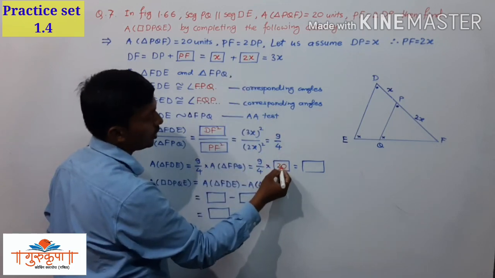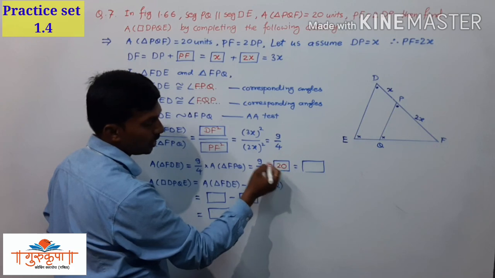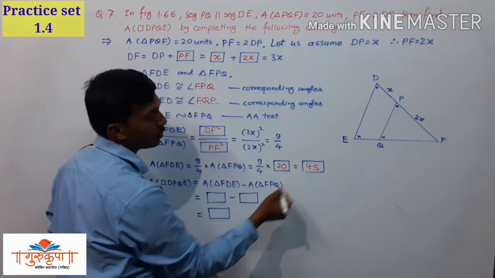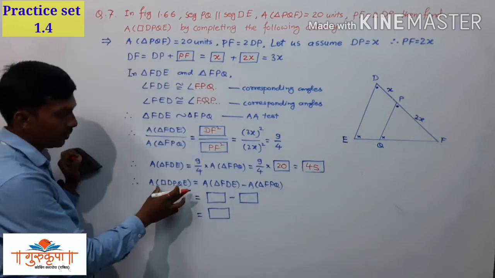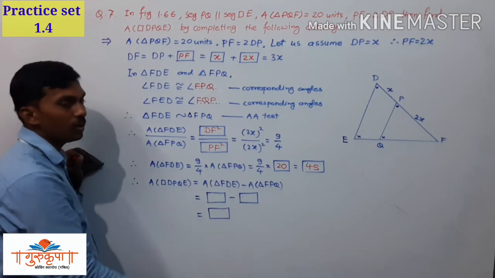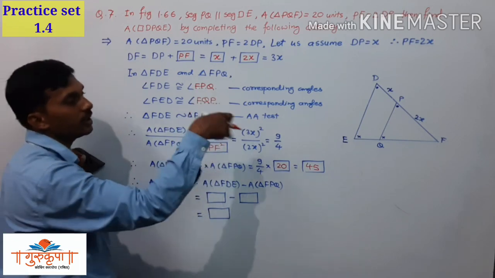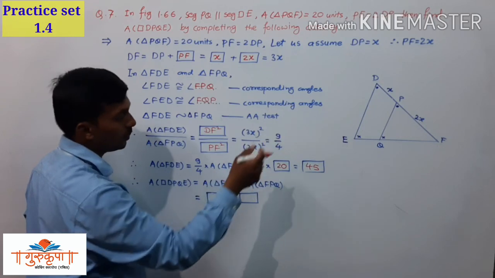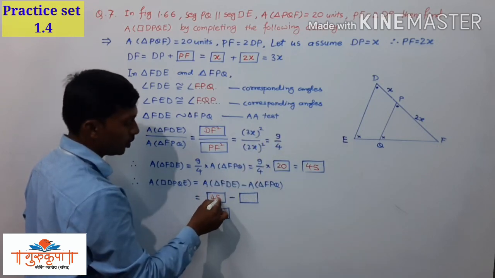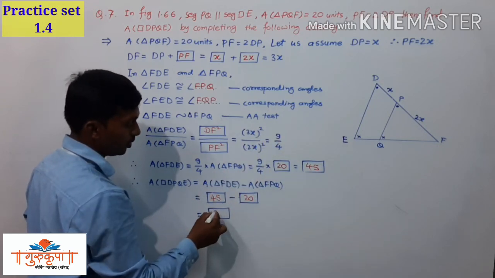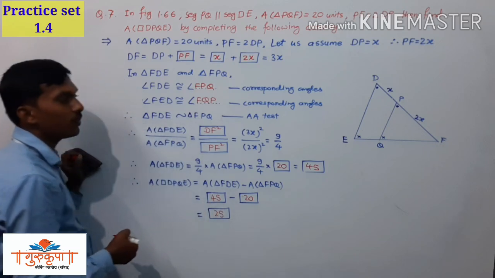So we have to write 20 here. Now 4 5s are 20, and 5 into 9 is 45. Now area of quadrilateral DPQE is equal to area of bigger triangle FDE minus area of smaller triangle FPQ, that is 45 minus 20 is equal to 25.